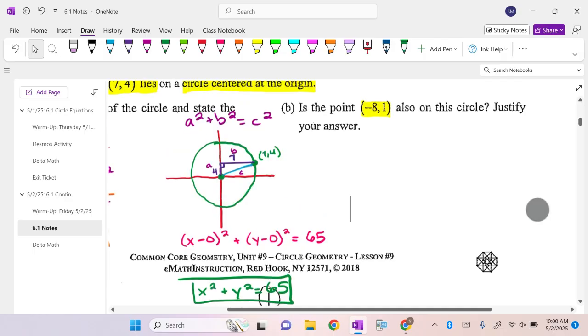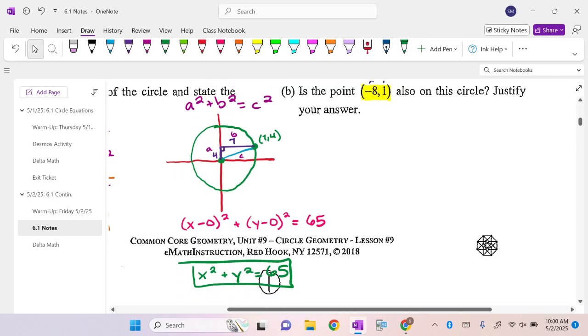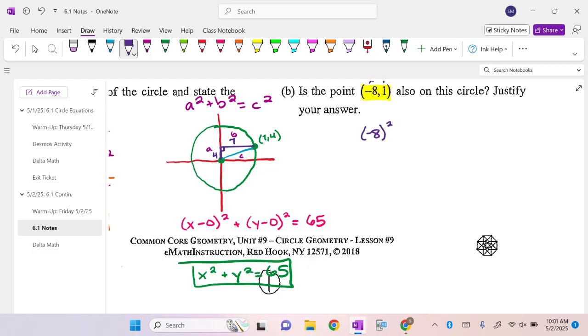We plugged it in for x and y. So negative 8 is my x, 1 is my y. And what do we want our answer to be once we simplify that expression? It should equal what in order for it to be on the circle? 65. Good. So let's see.